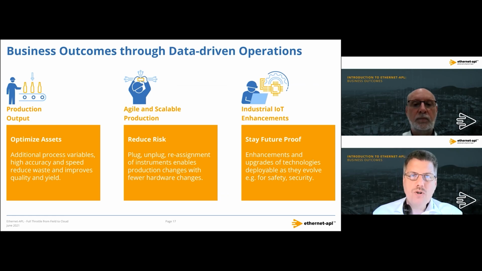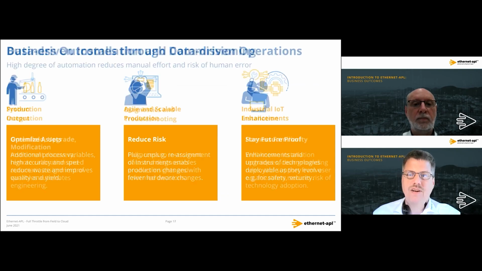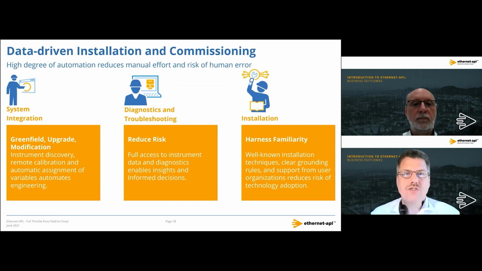And one of the important aspects of Ethernet as the carrying medium of data to the field of the process plants is that it is future-proof. Ethernet will always adapt and adopt to the latest standards as they develop, for example, for safety and security. We will also see system integration improve. Consider that each and every instrument will automatically connect to the engineering station because Ethernet allows two-way communication and network communication.